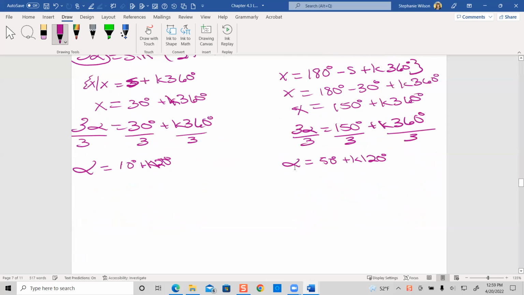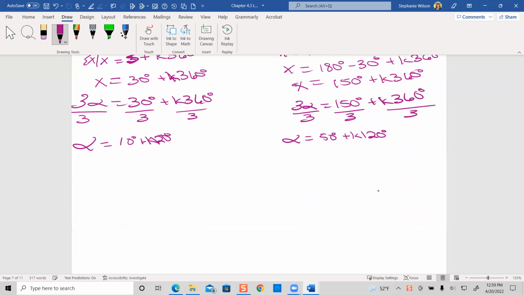And now let's find the real numbers. So we're going to plug in when k is equal to 0. Well, we know that alpha is 10 degrees. k is equal to 0 over here, alpha is 50 degrees. When k is equal to 1, we get alpha is equal to 130 degrees.